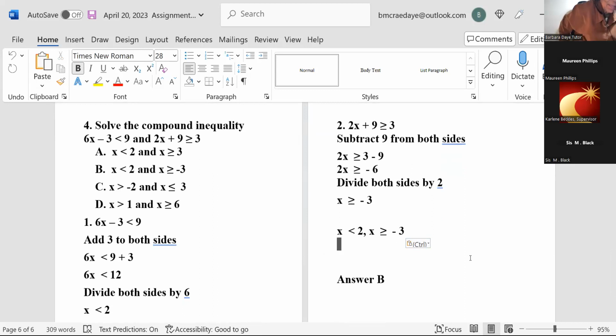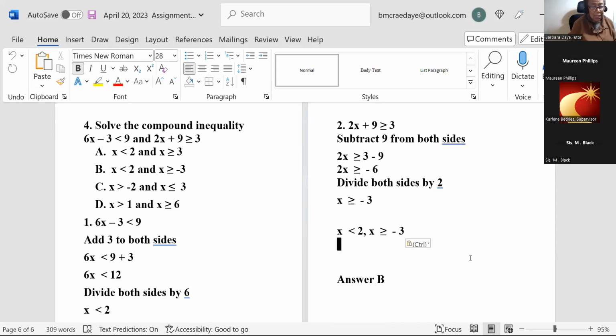So with the compound, you have 2 inequalities and just solve both of them. Okay. All right. Now we could put these in as a compound, but you don't have to.